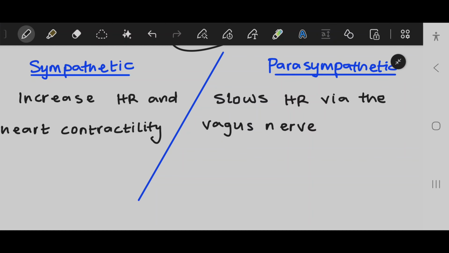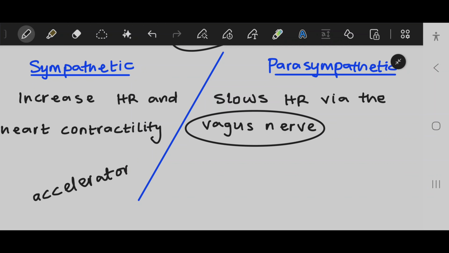And the parasympathetic system, which is actually stimulated by the vagus nerve, is a state that you go into which acts like a brake to slow down heart rate. So think of the sympathetic system as the accelerator in a car, and the parasympathetic system is the brake of the car.